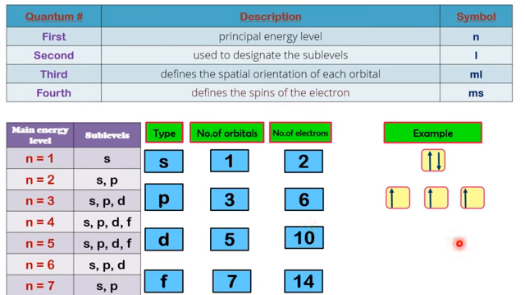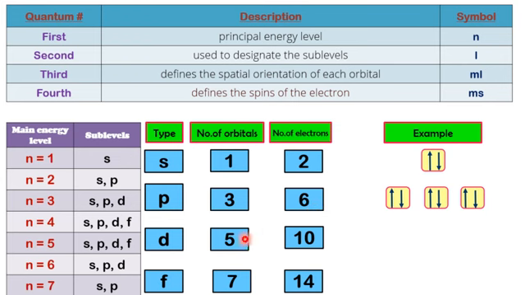We are going to draw the arrow up first before the arrow down. That's the rule. So 1, 2, 3, 4, 5, 6. As you can see, in each orbital there is only a maximum of 2 electrons. So it becomes 6 because we have 3 orbitals here.